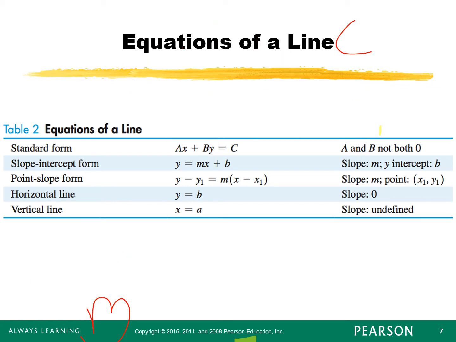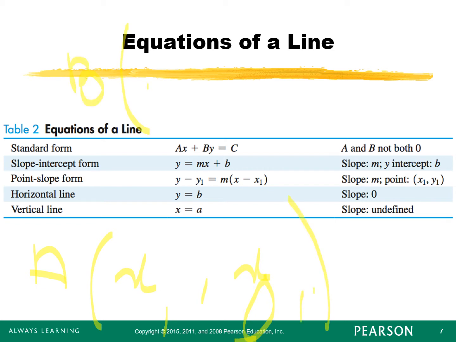Now let's talk about the point-slope form. If we want to find the slope, not with the equation, but with the graph, and we have 2 points, for example, the point A, which is x1, y1, and B, which is x2, y2, and we want to find our slope, we can do it like this.